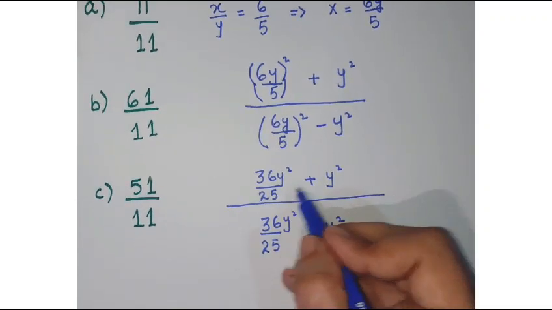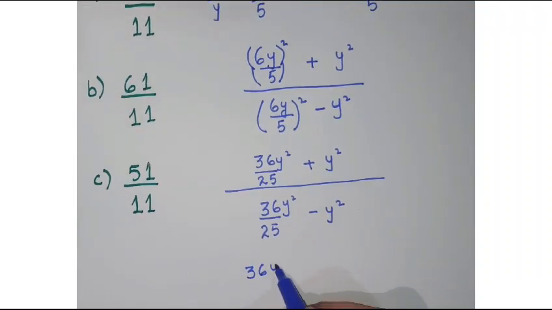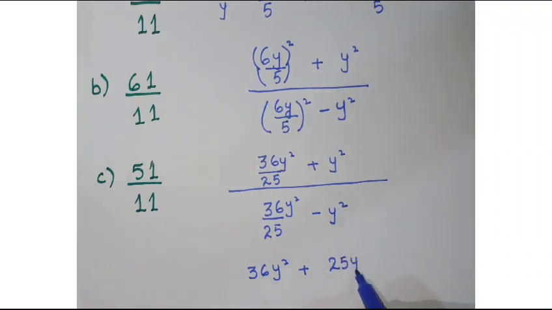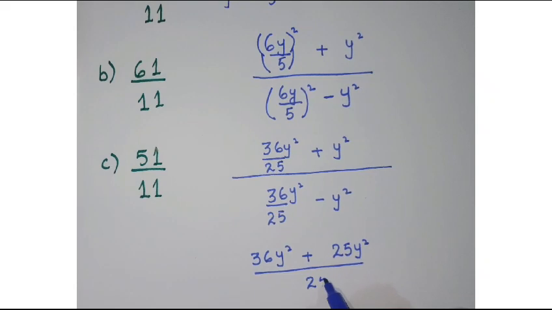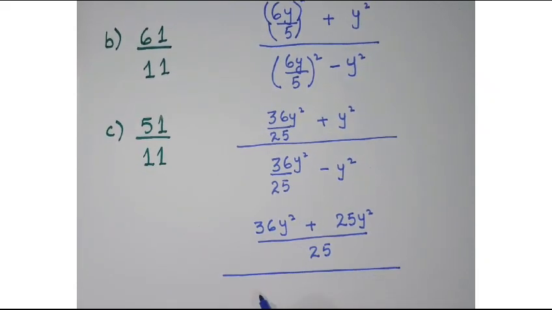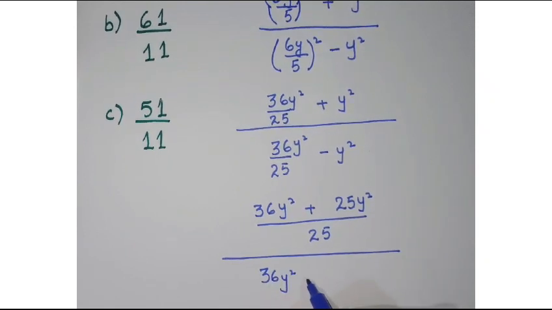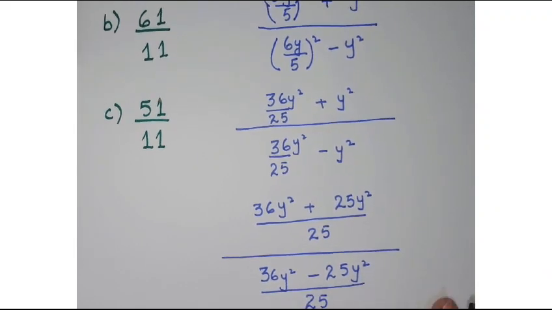Now taking the LCM, you will get 36y square plus 25y square upon 25, upon 36y square minus 25y square upon 25.